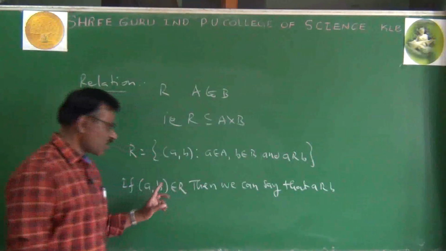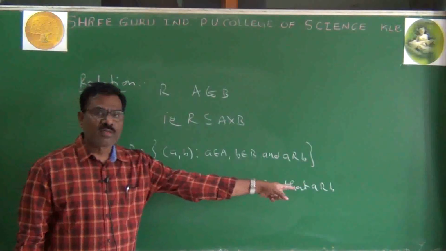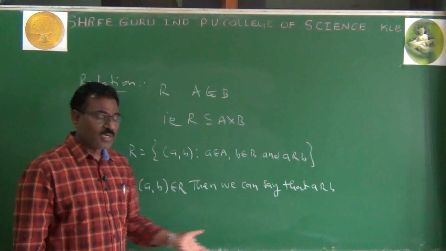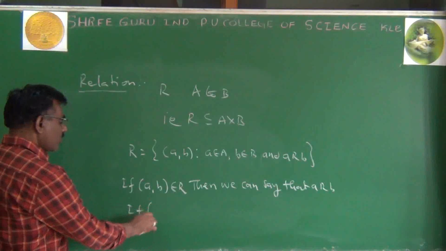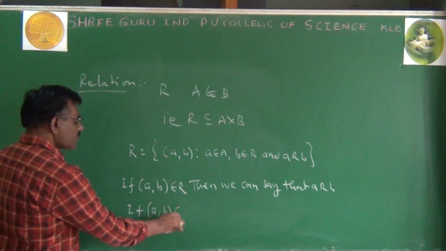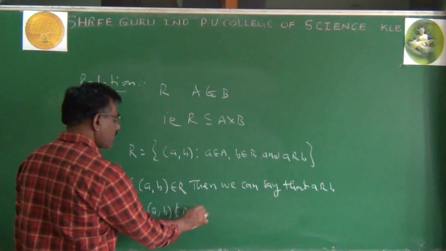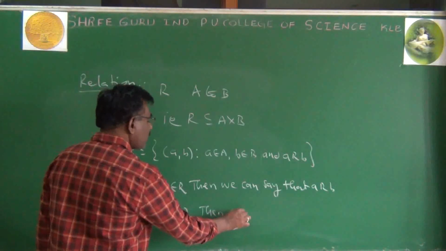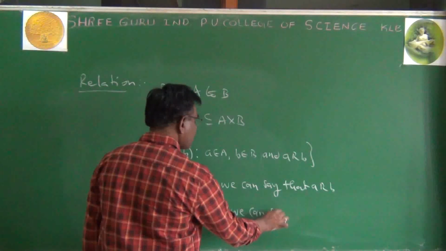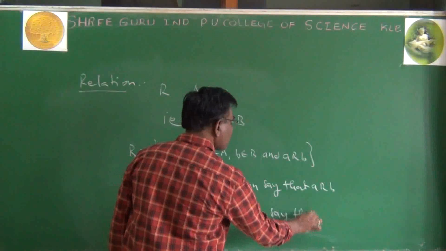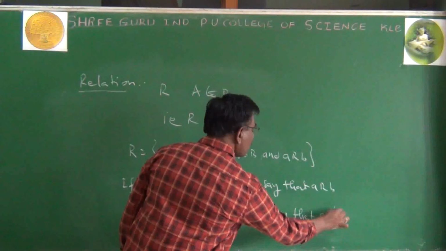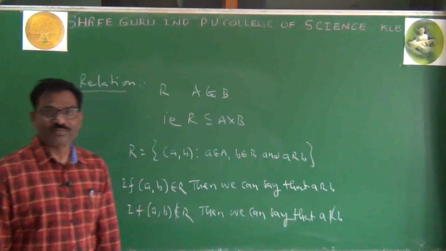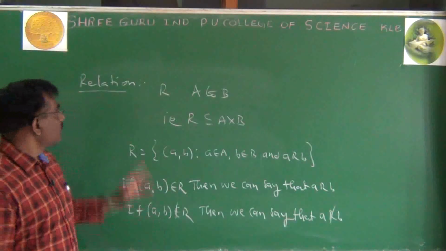What is the meaning of (a, b) in R? It is nothing but a is related to b. If (a, b) does not belong to R, then we can say that a is not related to b. This is the relation definition.